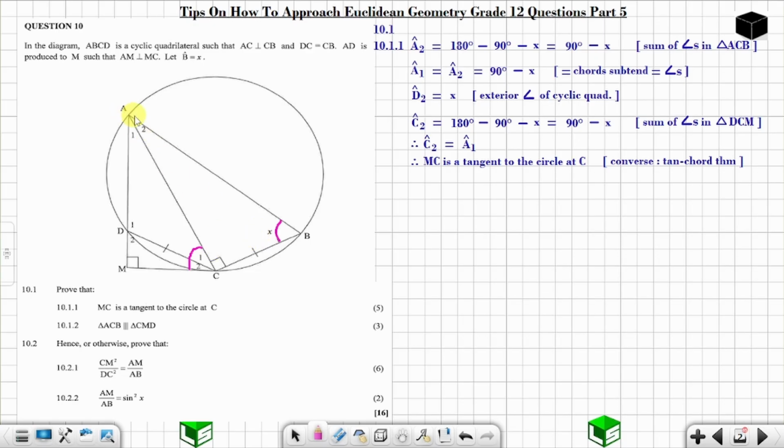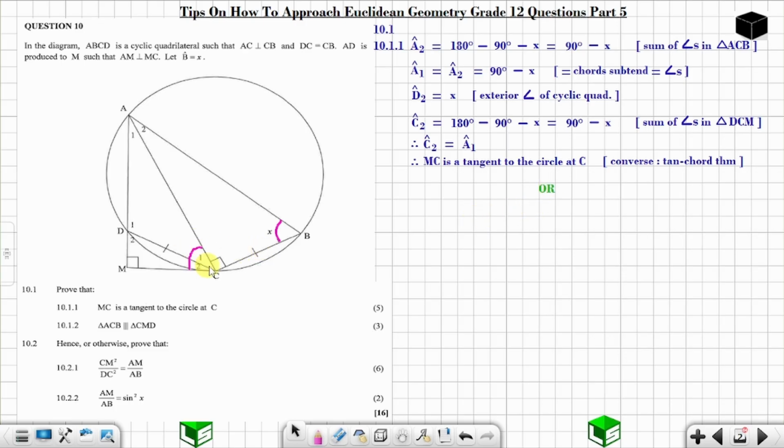From the chord AC, you have this angle in the alternate segment. So if the two angles are equal, then this line is a tangent to this circle at C. So let's use another method to answer this question.